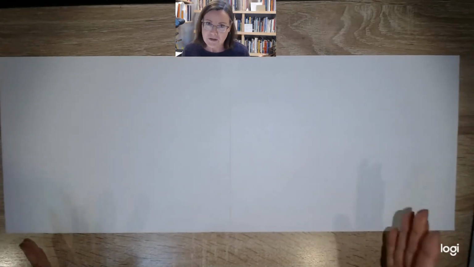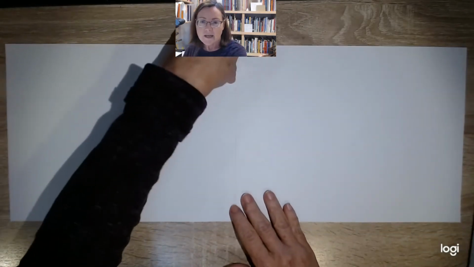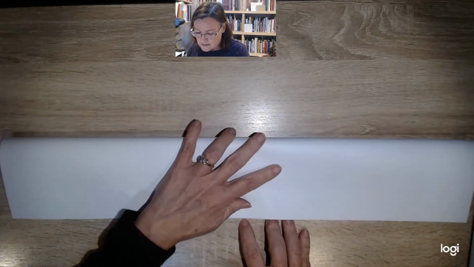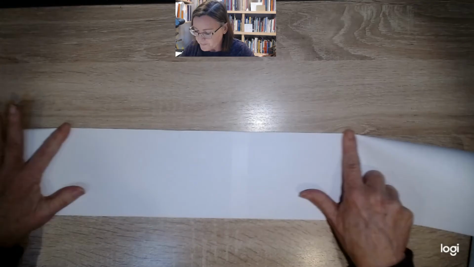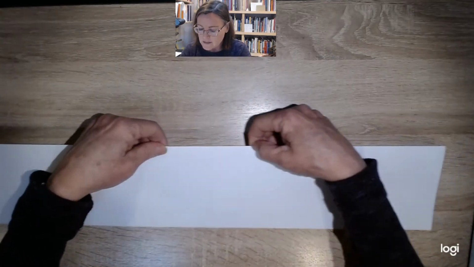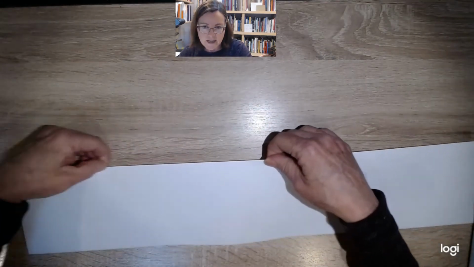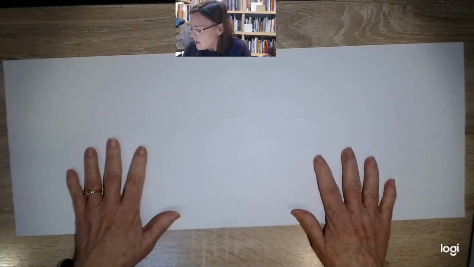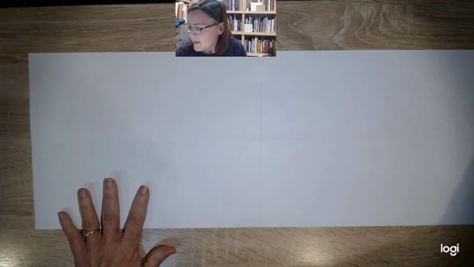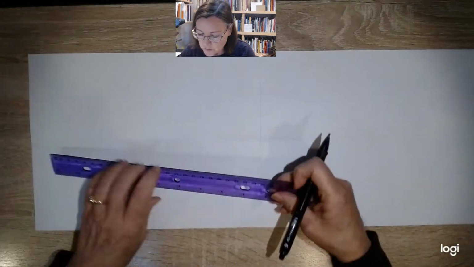That's one of the reasons you have about a 22-inch length of string. In order to create my x-axis, I will fold this right down the center, okay? And what this does is it gives me a nice, clean, straight line, and I'm going to go ahead and mark that with a ruler.